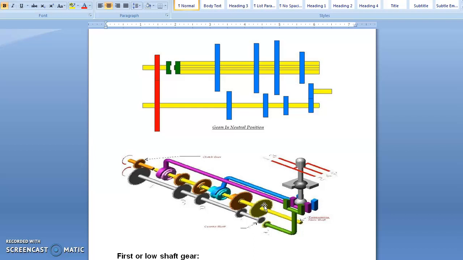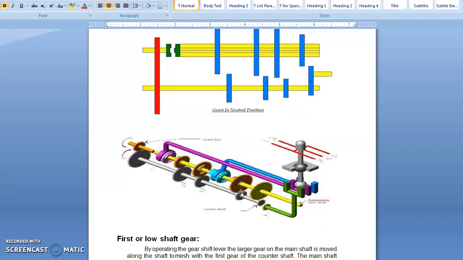As it is not able to move even though the engine is running, it is known as the neutral gear position. Then let us discuss the first gear.